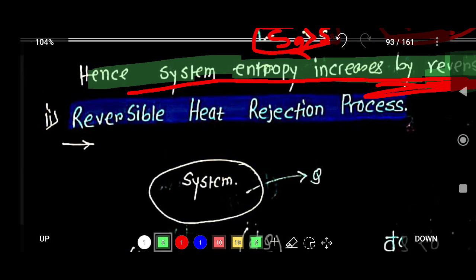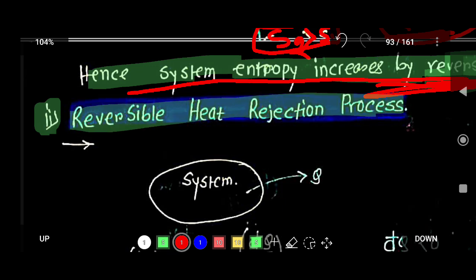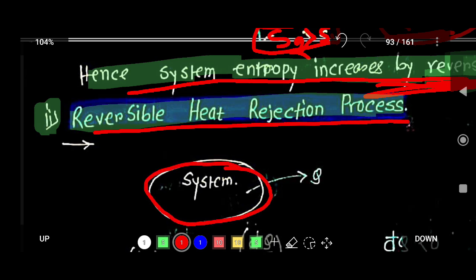Now for case 2, a reversible heat rejection process. This is our system, and a Q amount of heat is going out from the system.